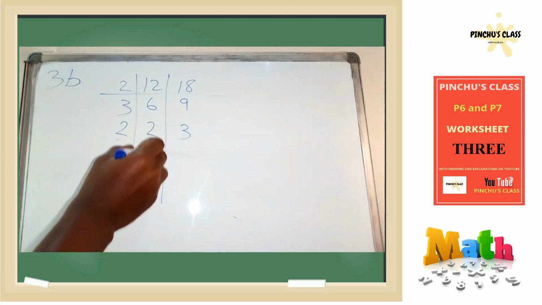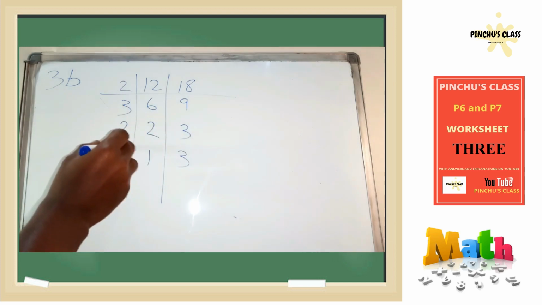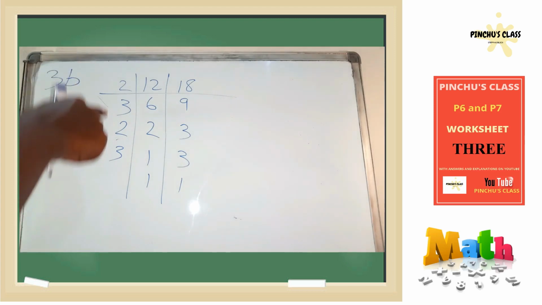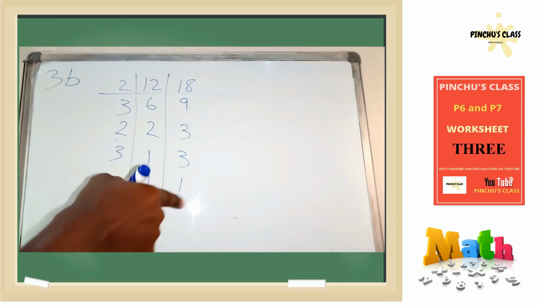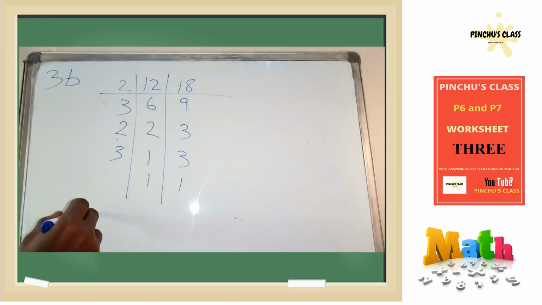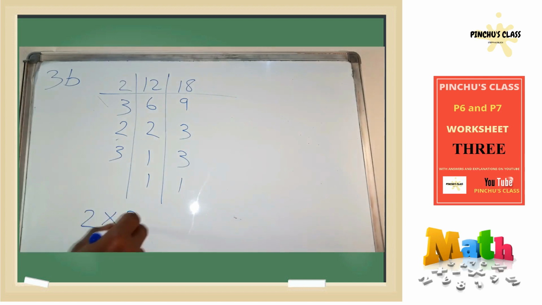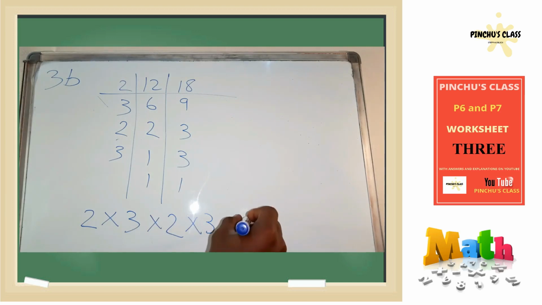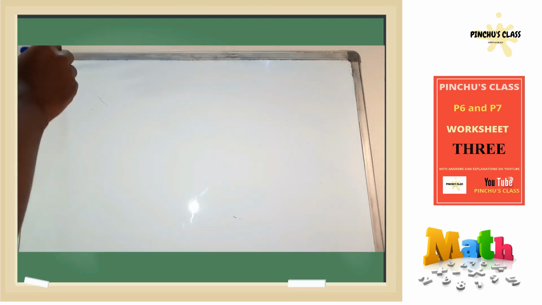Then 2, 1, 3. Then 3, this is 1 and 1. I hope you understand that. Now for the LCM, we multiply every factor which has been used to divide. So we're going to get 2 times 3 times 2 times 3, and the answer is going to be 36. Okay, yes.